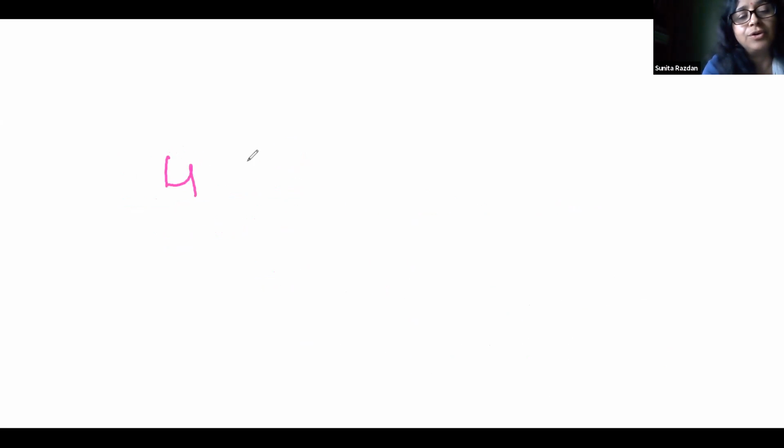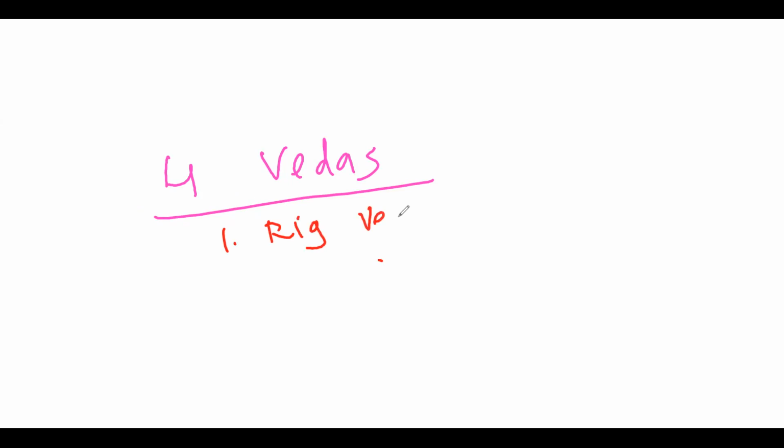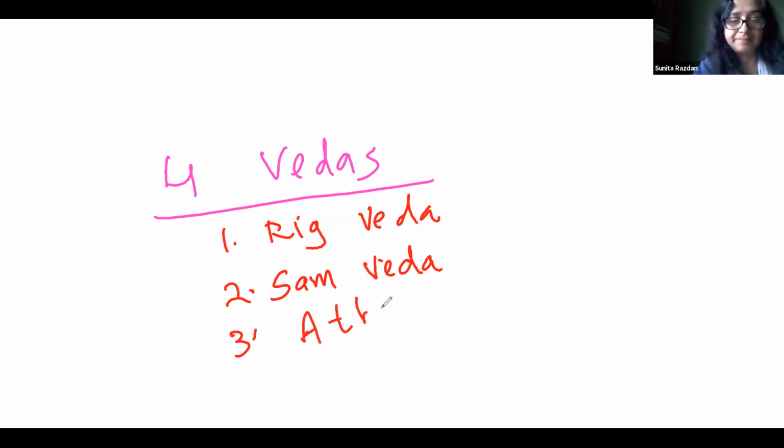There are 4 Vedas. I don't know whether anybody knows, you are still kids, even we don't know. There are 4 Vedas: Rig Veda, Sam Veda. Anybody knows anything? Atharva Veda. Anybody?